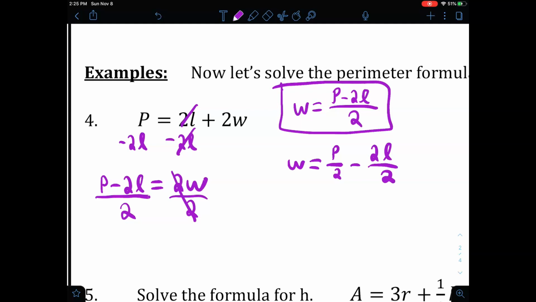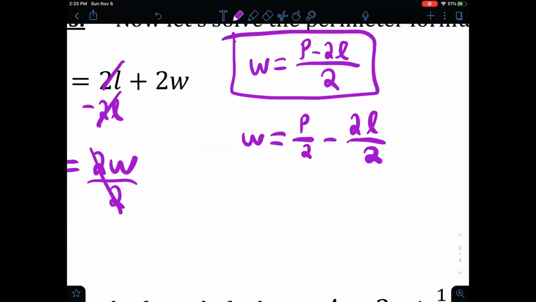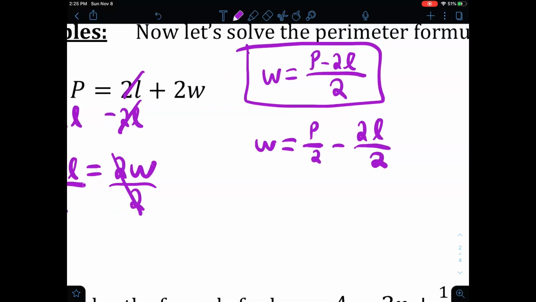All right. Same thing. Remember when we're adding fractions, if we had 1/2 plus 3/2, you would add the top and keep the bottom the same. That'd be 4 over 2. It's the same thing, but we're going in the opposite direction. We're splitting it up instead of combining it. Okay. So can we simplify this at all? P doesn't divide by 2, so we keep P over 2 the same. But what about 2L over 2?